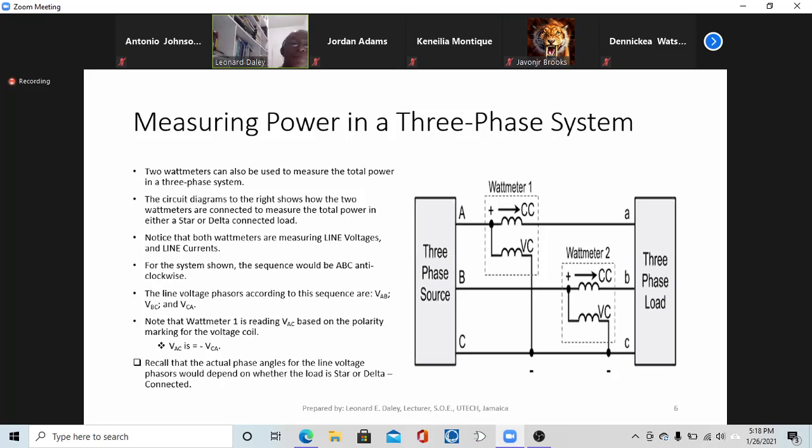But 2 watt meters can also be used to measure the total power in a 3-phase system. And this circuit now shows you how both watt meters are connected. Notice that the watt meters are measuring line voltage. So the voltage here is between A and C, and A would be at the higher potential. Right.